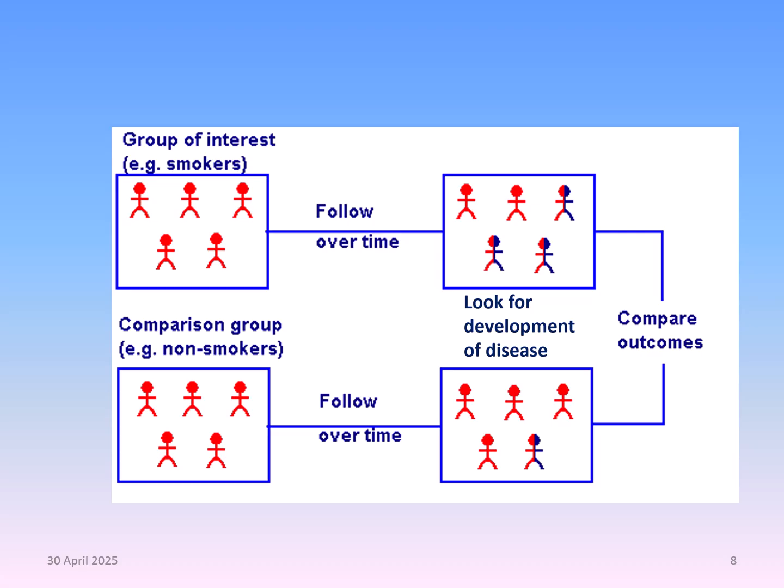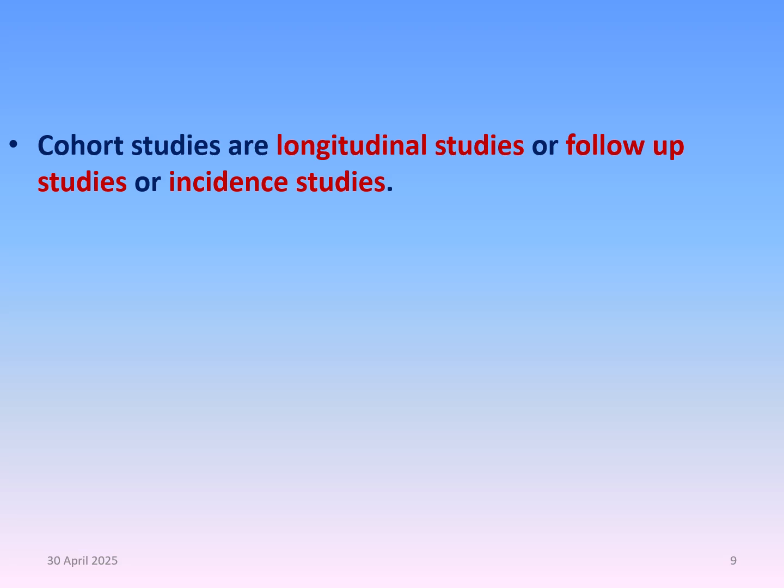Then they are followed up over a period of time. Then look for development of outcome or disease in the exposure cohort and control. Then compare the outcome. Cohort studies are longitudinal studies or follow-up studies or incident studies.